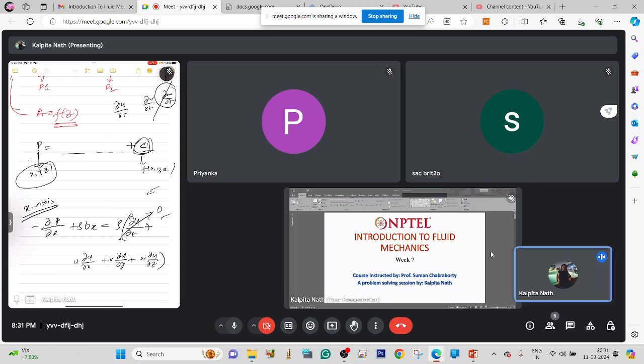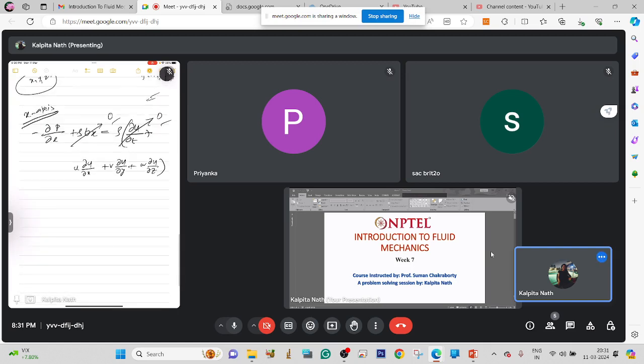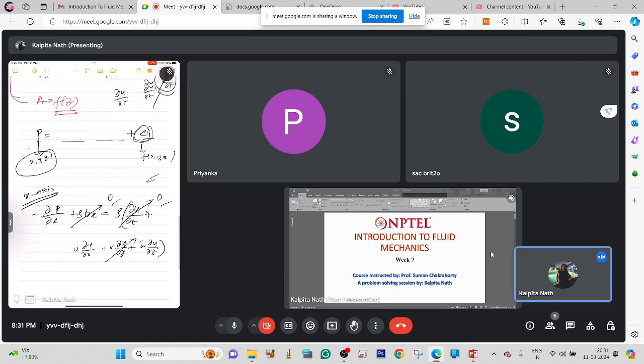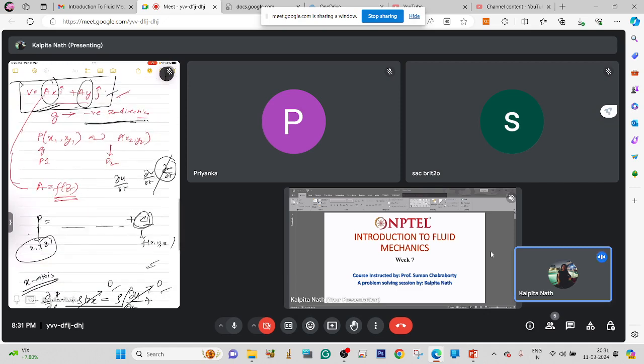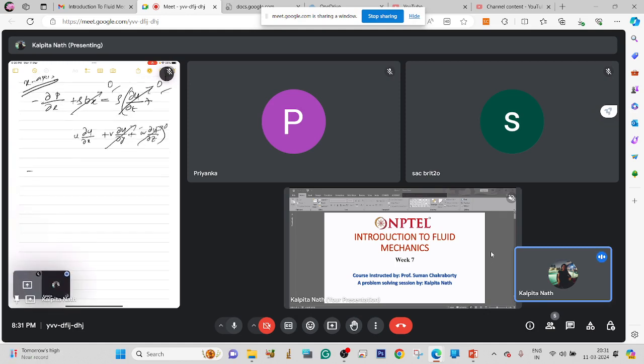Now, it is steady state, as I've already told you, so this will be 0. The body force is not there along the x direction, as already said in the question. There is no variation of u along the y direction, as we can see from the expression, so this is 0 and this is also 0. So the only thing that remains is minus del p del x is equal to density multiplied by u del u del x.